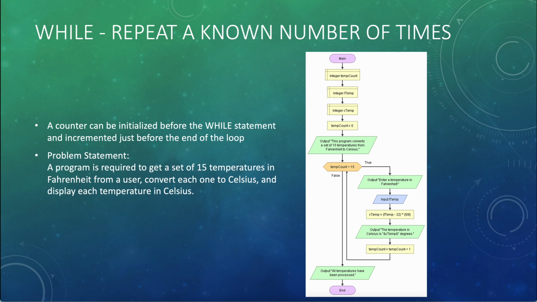A counter is initialized the same way you would initialize a variable, but the sole purpose of the counter is to increment a number to count how many times this loop has run. In this example, the problem statement is a program is required to get a set of 15 temperatures in Fahrenheit from a user, convert each one to Celsius, and display each temperature in Celsius.